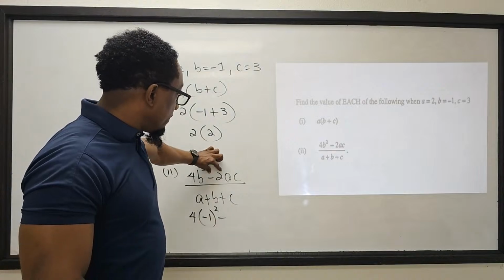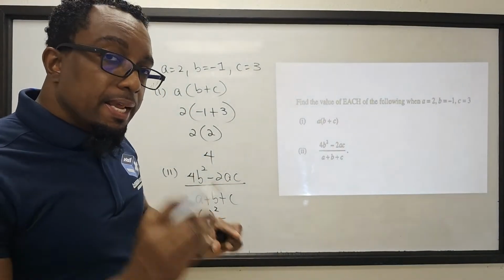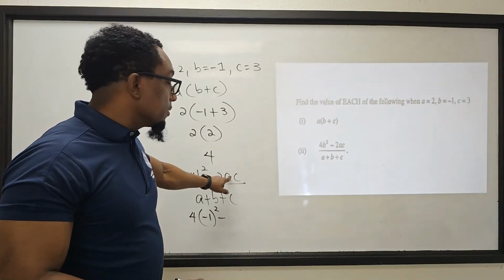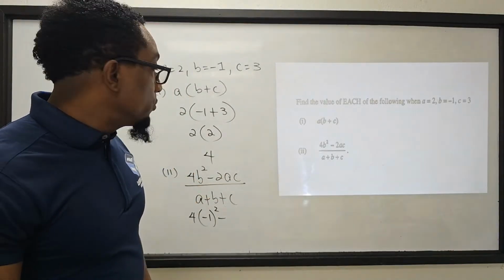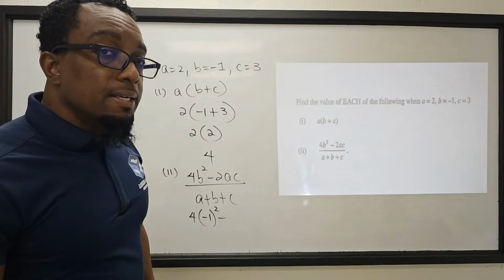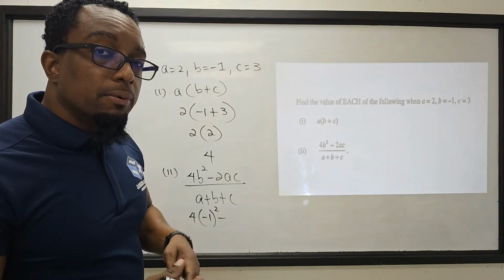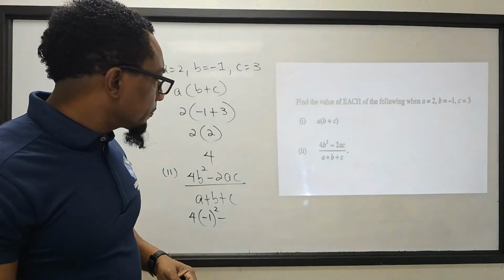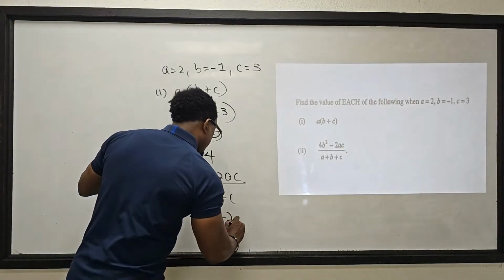Now this is really -2 multiplied by a multiplied by c. -2ac. The multiplication sign, it's not seen, but it's understood between -2 and a, and of course a and c. So we use brackets to imply or to represent multiplication, and also to separate our variables and replace them with numbers. So this is -2.